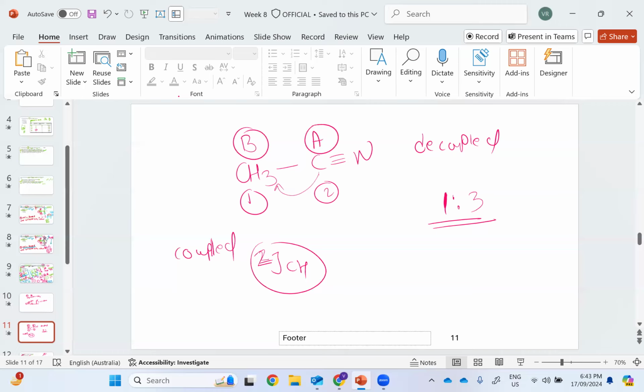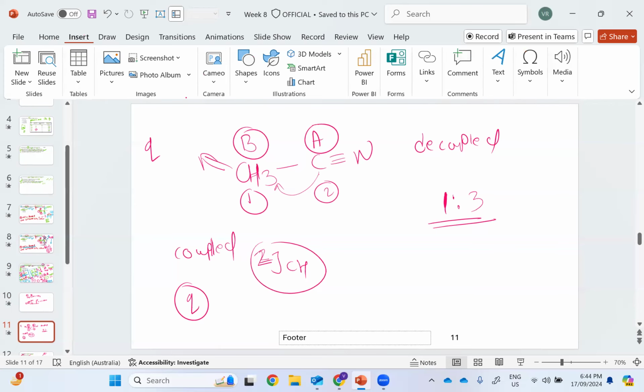The splitting for this one will show a quartet due to the CH3, and the B also will show a quartet due to the same CH3 group.